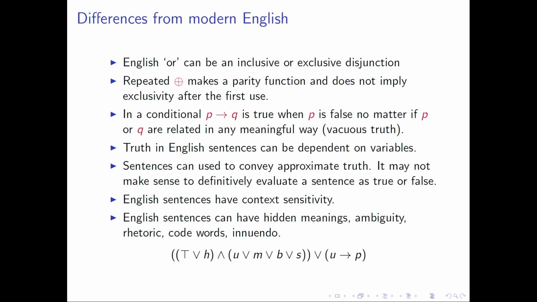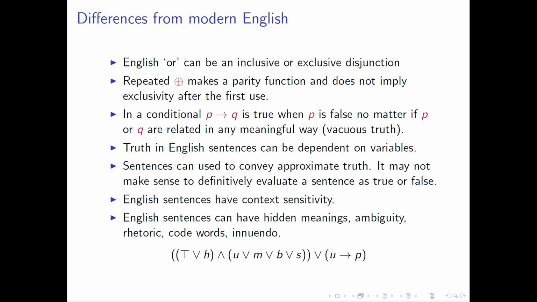Okay, so let's go more into the problems and the differences between English and propositional logic. Truth in English sentences can be dependent on variables. In propositional logic, we have these propositional variables, but these are just statements. English sentences can be dependent on other things.